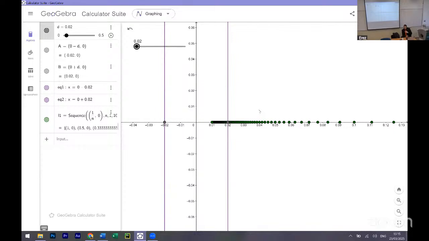By the way, here it looks a bit problematic. Why are there no elements here? Because I drew only the first 100 elements of the sequence. But if I was able to draw an infinite number of elements, it would continue.